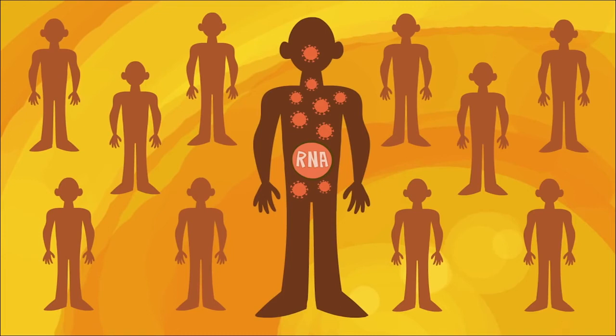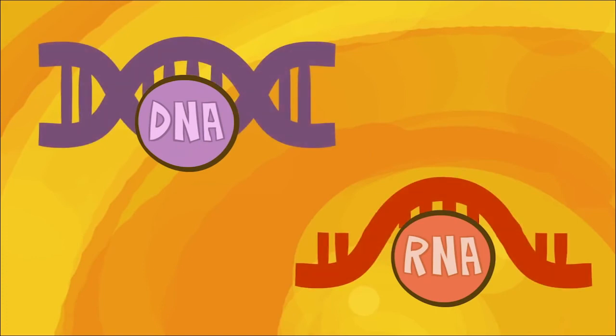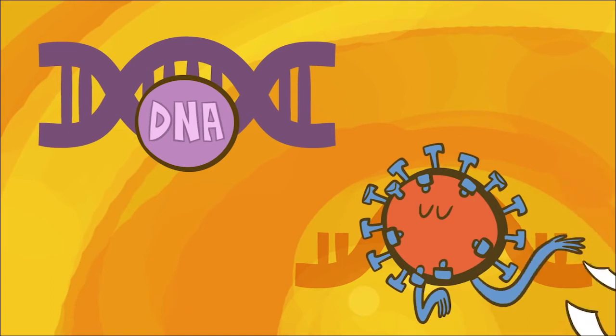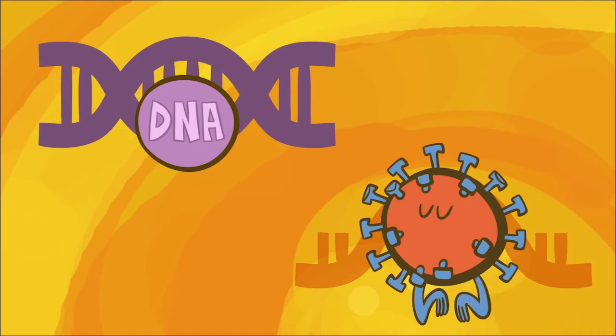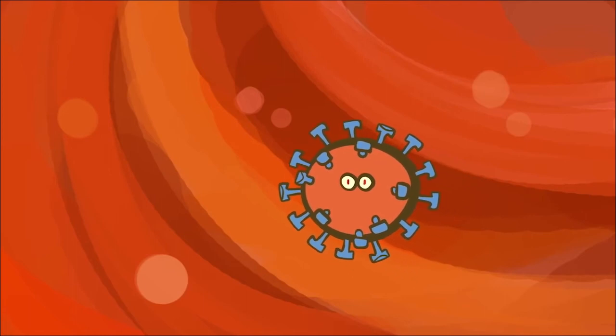That means that when they replicate and produce new viruses, the RNA virus does not check to make sure that the new virus is the same as the old virus. DNA viruses do have a proofreading mechanism.